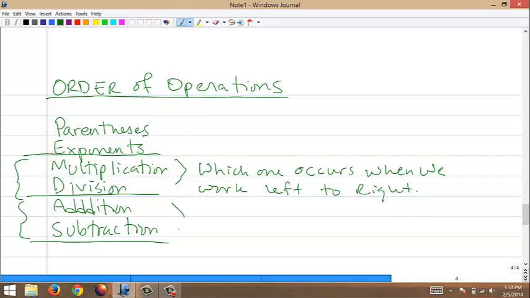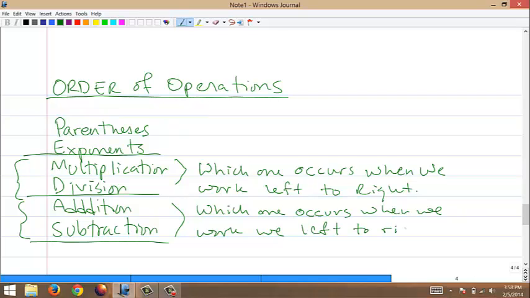Same thing with addition and subtraction. They're interchangeable. You can do a subtraction before an addition, but what matters is which one comes first, and we work left to right.